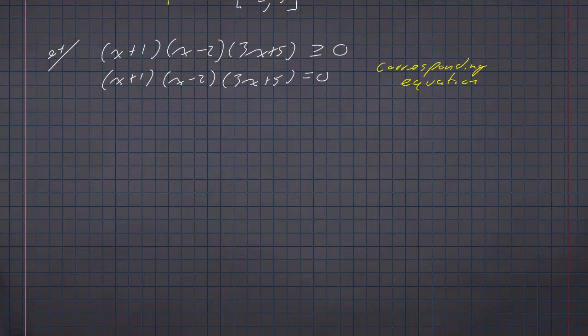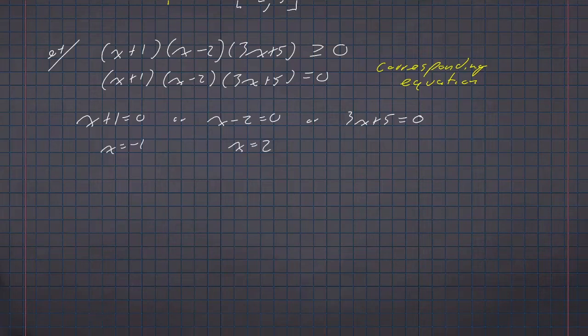Using the zero product rule, one of these three factors must be 0. x plus 1 equals 0, or x minus 2 equals 0, or 3x plus 5 equals 0. Giving me solutions of -1, +2, and -5/3.